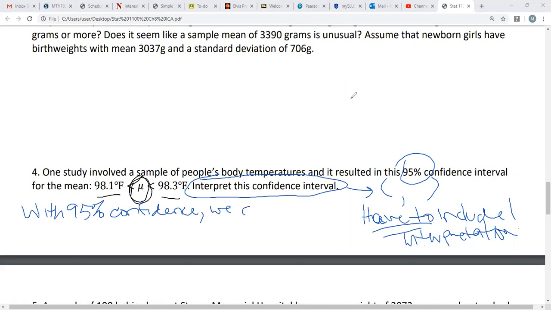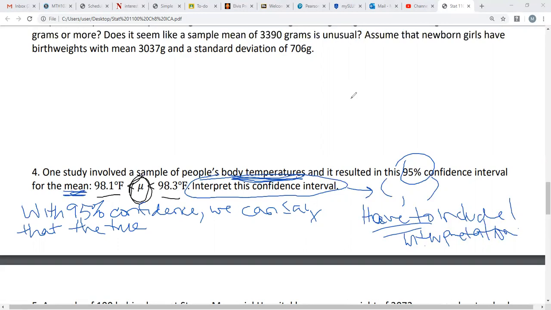we can say that the true, and then it's whatever population value we're talking about here. So we're talking about our body temperature, so people's body temperature, and we're talking about the mean.